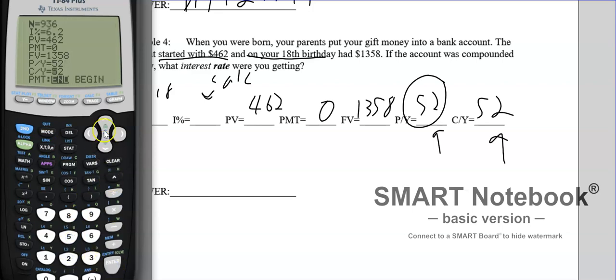Boom. We go back up to interest, and we're going to do the same thing. Alpha south, green, enter. Something changed. Okay, this might be one of those ones when unfortunately we have to put in a negative, which seems kind of weird, but let's see if that is what it is. They might be picky on this one.